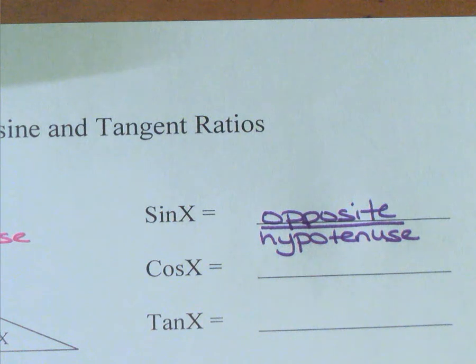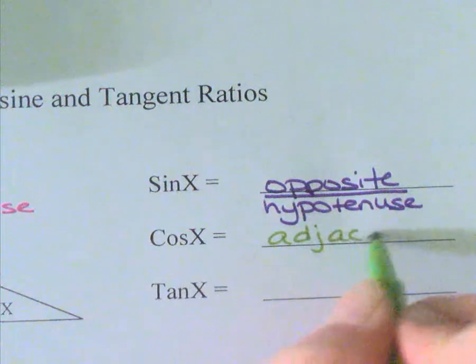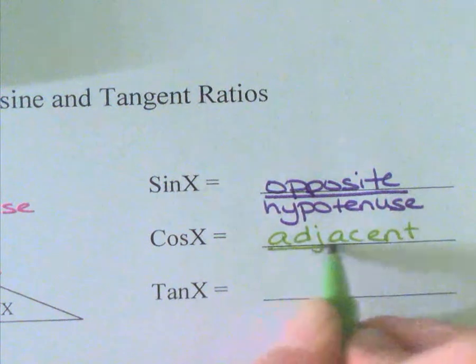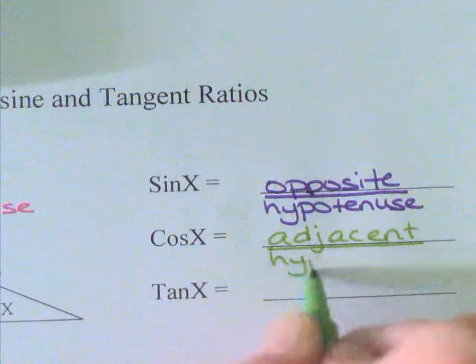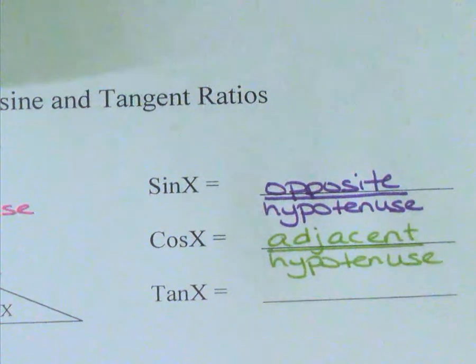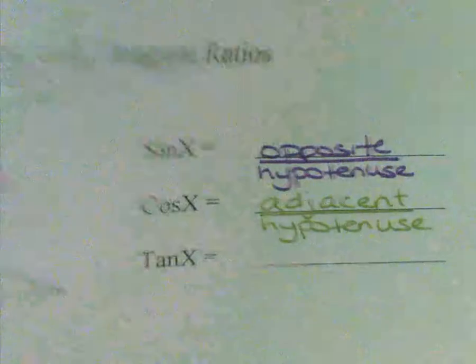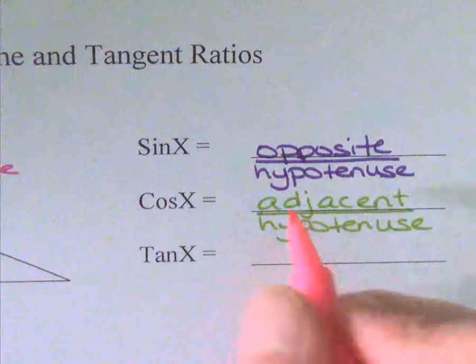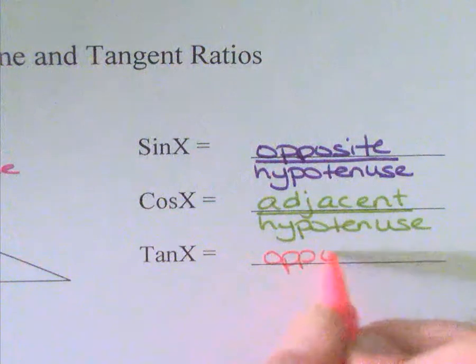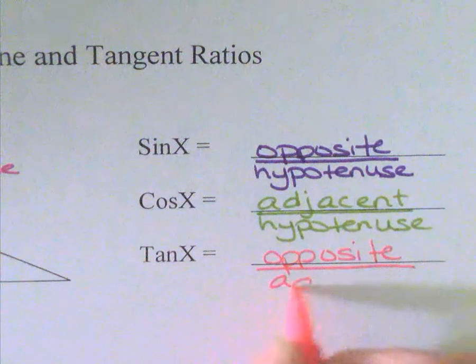The cosine ratio is the adjacent side divided by the hypotenuse side. And the tan ratio is the opposite side divided by the adjacent side.